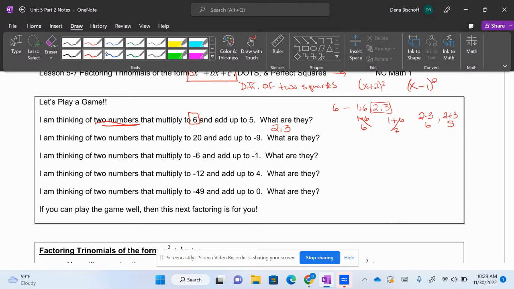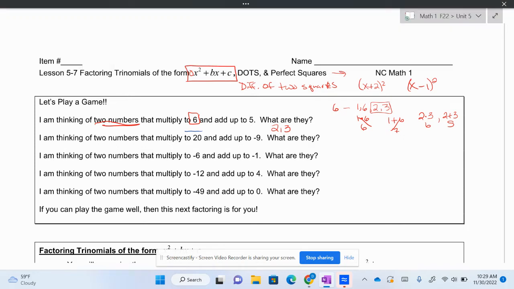All right, so next one, I'm looking for two numbers that multiply to 20 but add up to a negative 9. Well, let's see, that's 10 times 2. 10 times 2 is 20, but they don't add up to a negative 9. And if I made both of those negative, negative 10 times negative 2 is a positive 20, but when I add those together, I get a negative 12.